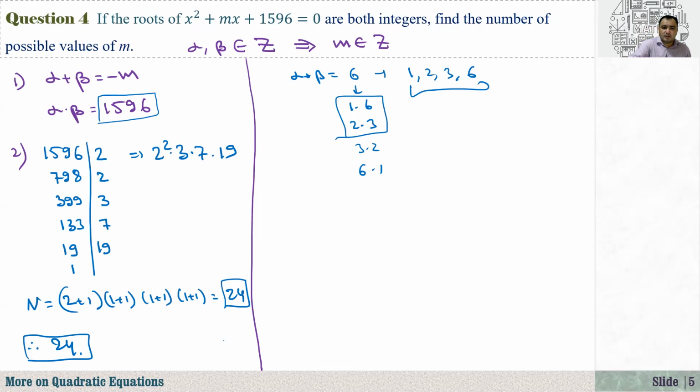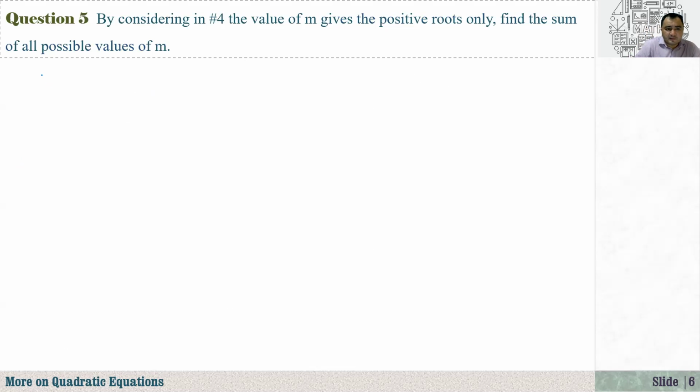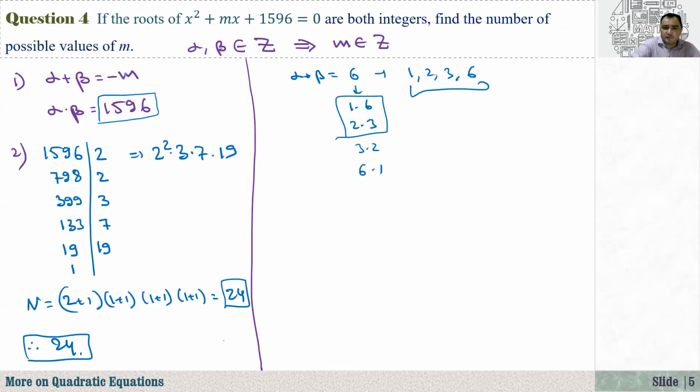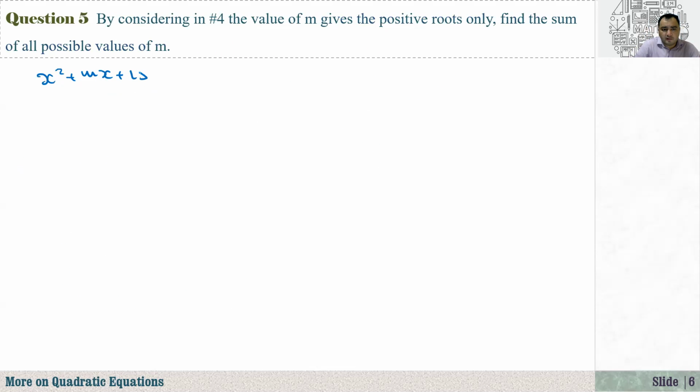So again we are talking about x squared plus mx plus 1596 equals 0, and the value of m gives the positive roots only.